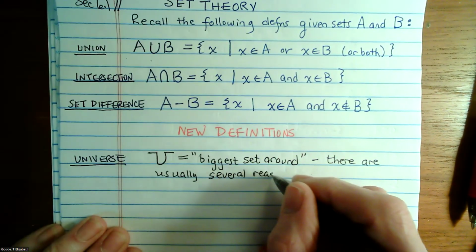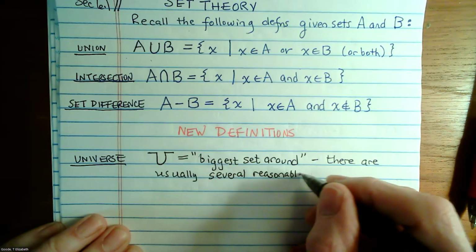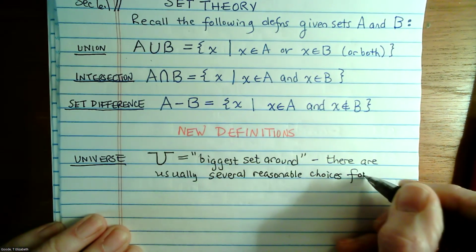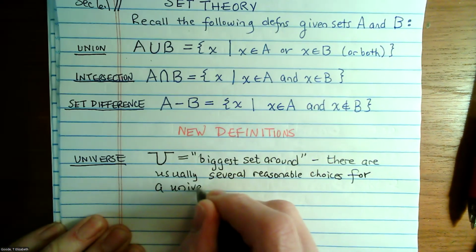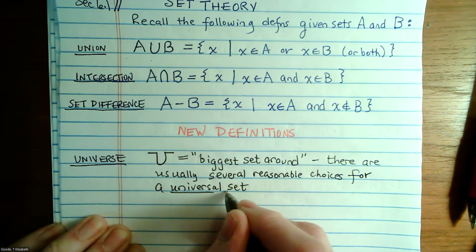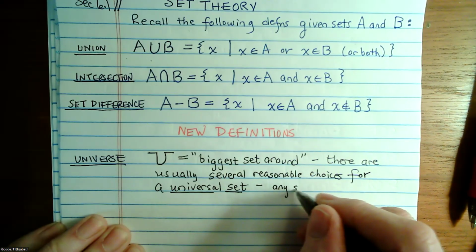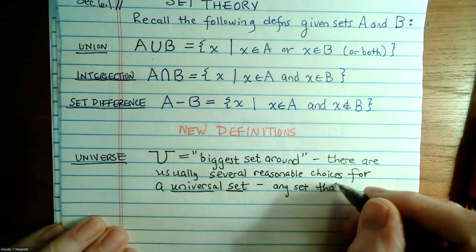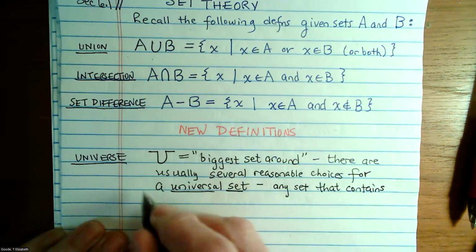for a universal set. It's not unique. You have to be told or you have to be given a default. So there are usually several reasonable choices for a universal set. And what that is, it's any set that contains every element that's in play in a particular problem.